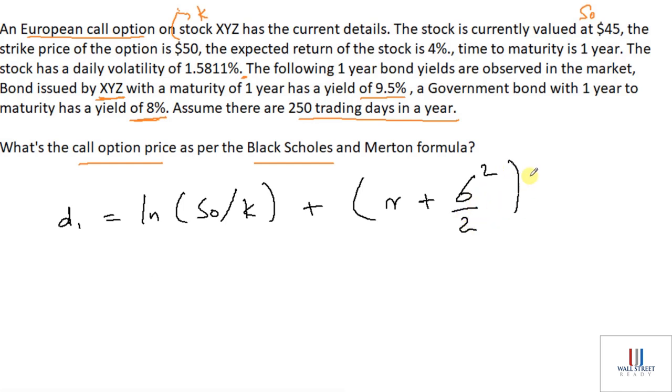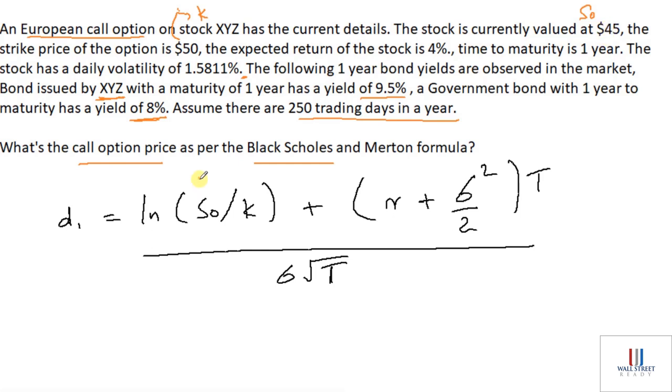You multiply the whole thing by time to maturity, and you divide this by the standard deviation times square root of t. So we simply plug in the numbers here. Now your stock is currently valued at $45, so that is 45, and your strike price is $50, so that's 50.